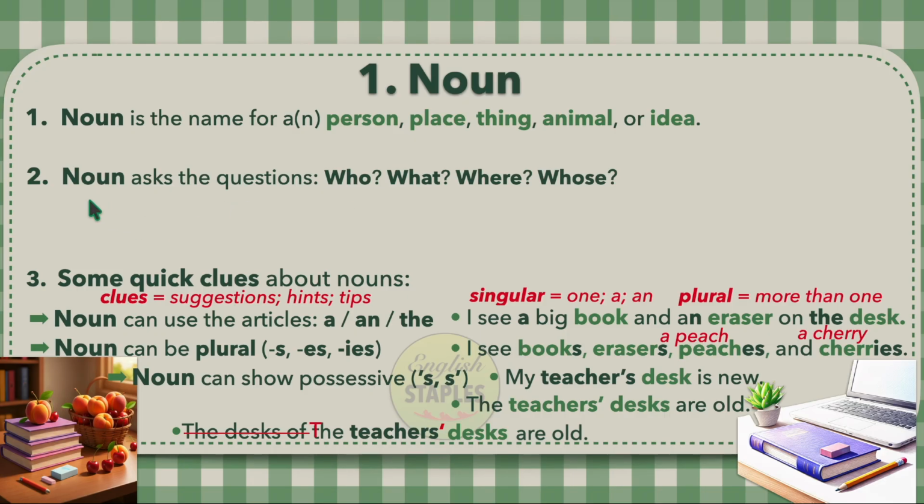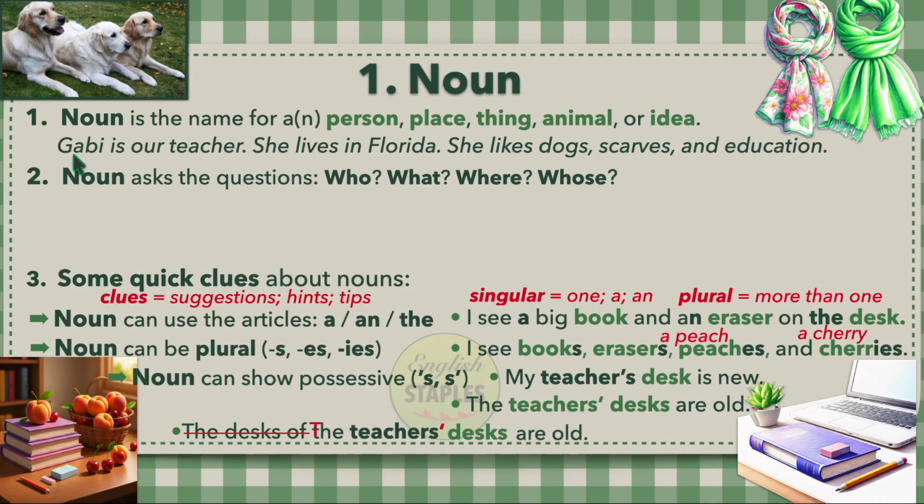To identify nouns in a passage, if you're reading, you need to ask the question who, what, where, whose, and the answer is going to be a noun. Gabby is our teacher. She lives in Florida.